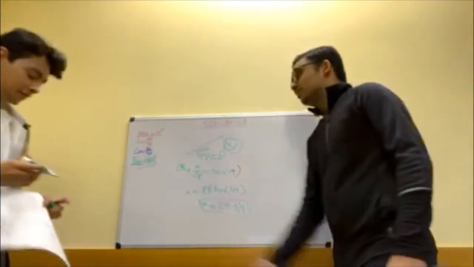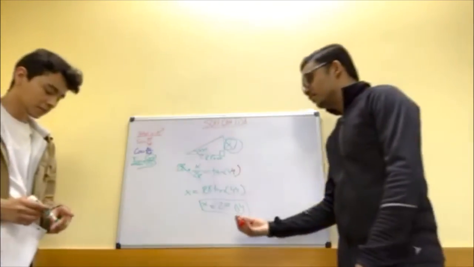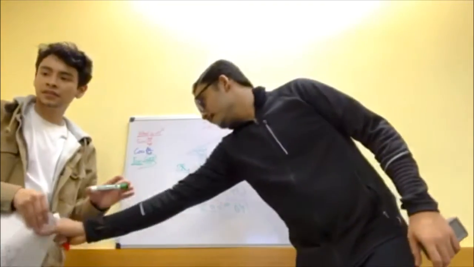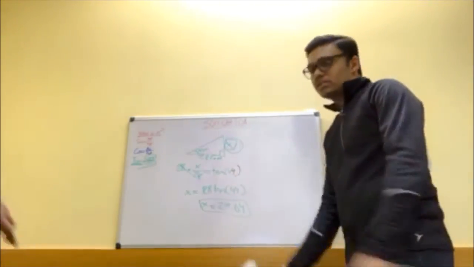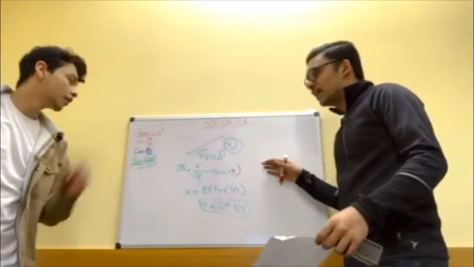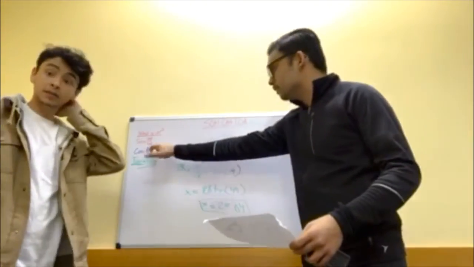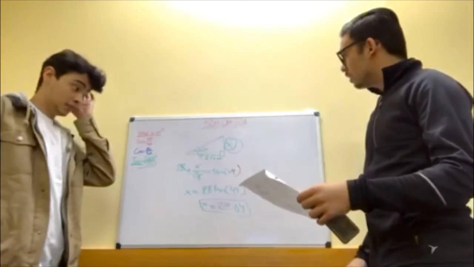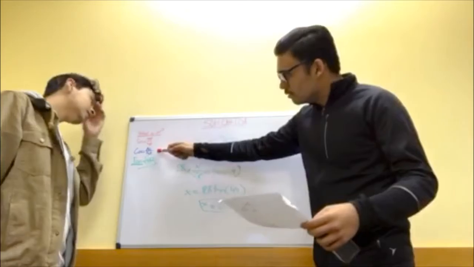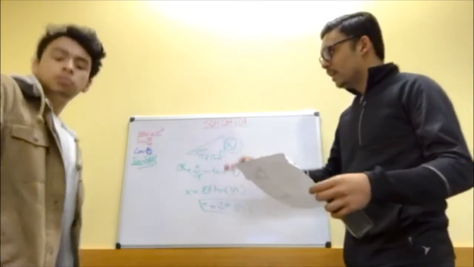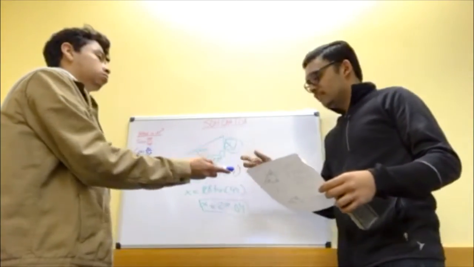Okay, so now we have used tangent to solve the problem. So now I'm going to be using cosine, because we already showed you how to use sine. So now we're going to use the only one which is left, cosine. So with cosine, like it says here, we got to use adjacent and hypotenuse. So we got to have either the adjacent or the hypotenuse.